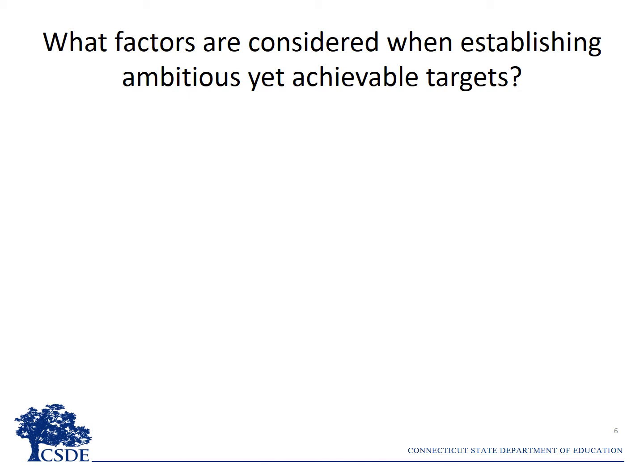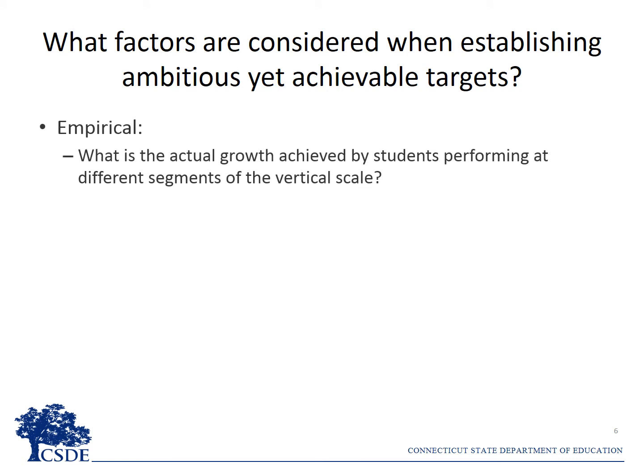Now let's look at the factors that are considered when establishing these ambitious yet achievable growth targets. 3 main factors were considered. The first is the actual amount of growth achieved by students from 2014-15 to 2015-16.